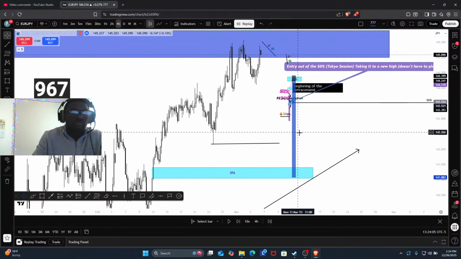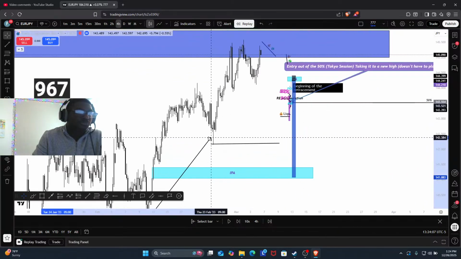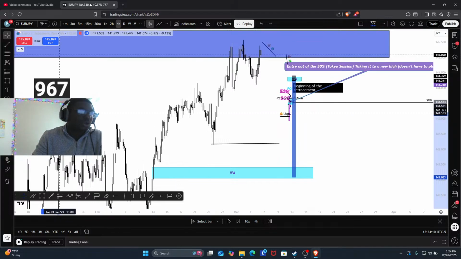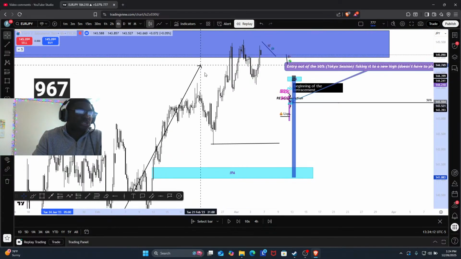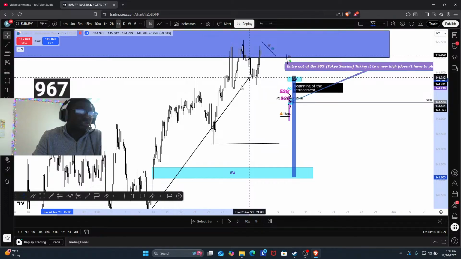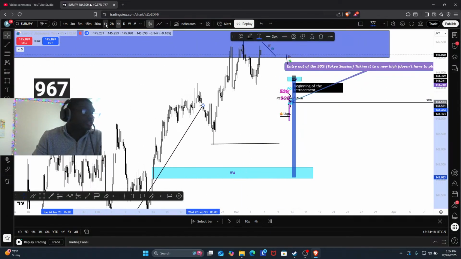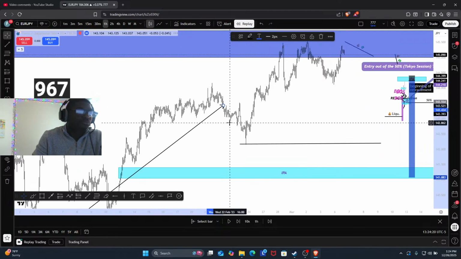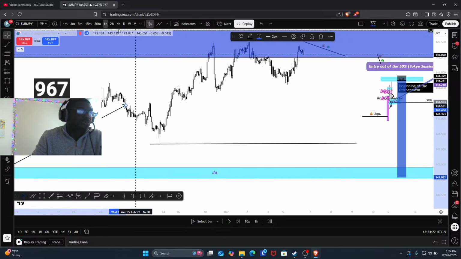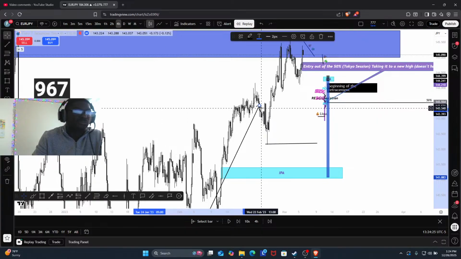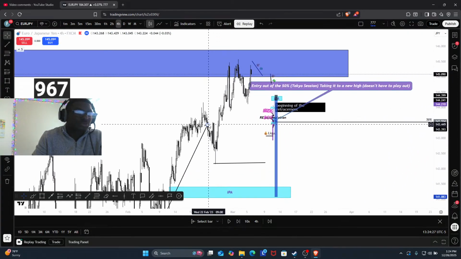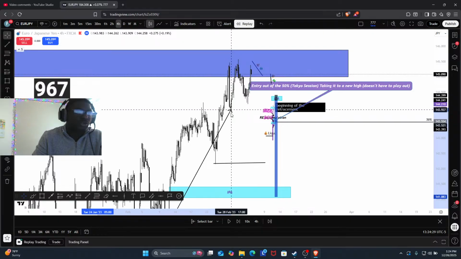Well, in my eye, this is why we always look left to get right, because we need to point out any areas of interest that might affect the structure. Okay. So we see on the 4-hour, it's bullish as well. Bullish. 1, 2, 3.